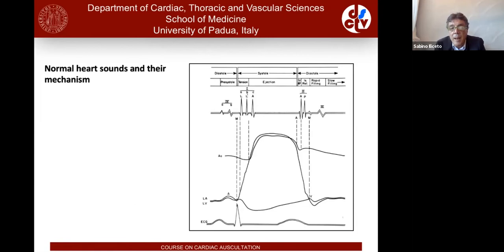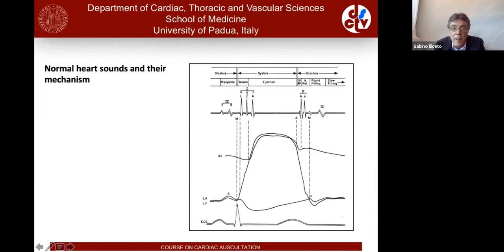On the other hand, the fourth sound is the result of atrial contraction, we are in pre-systole, and the elevation of pressure in the left ventricle is due to the contraction of the atrium. So we have the first sound, the second sound, the third sound, and the fourth sound. The third sound is physiological in kids, and in adults is the expression of a disease, as well as the fourth sound.